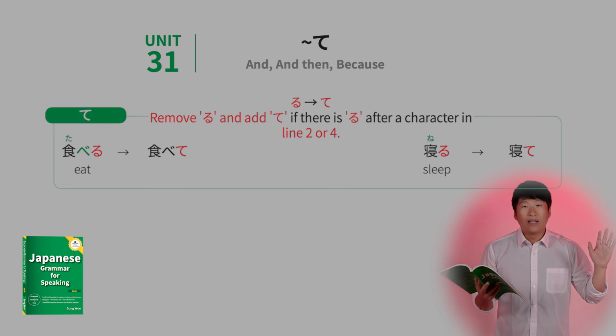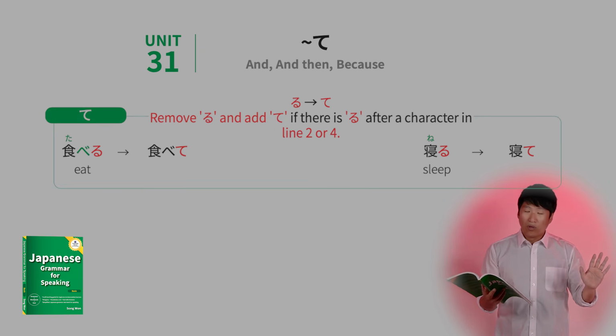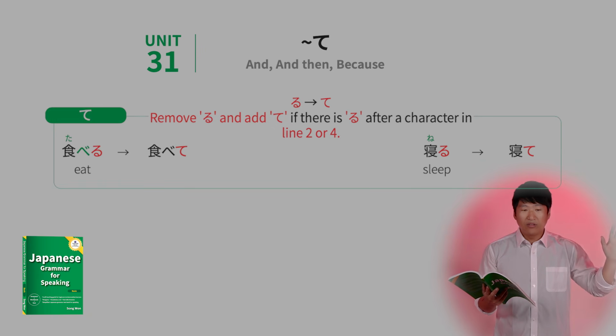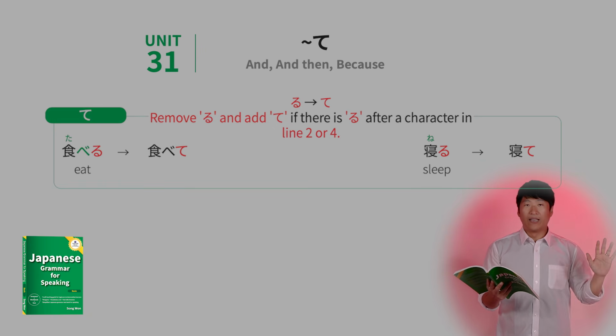So when you find a word that includes ru, count the letter right before the ru and see if it belongs to the second line or the fourth line.